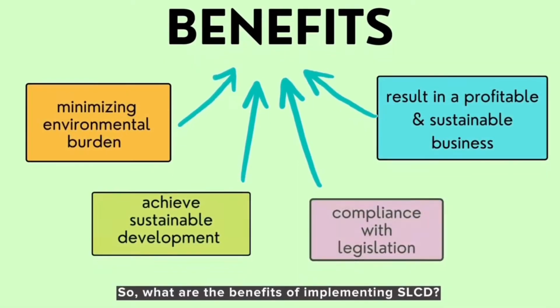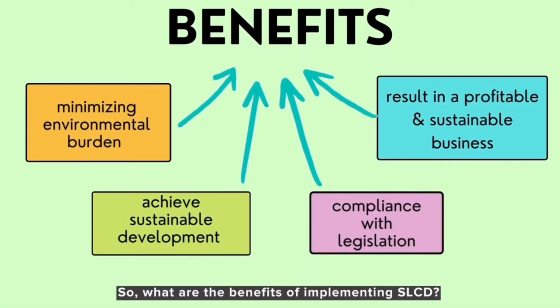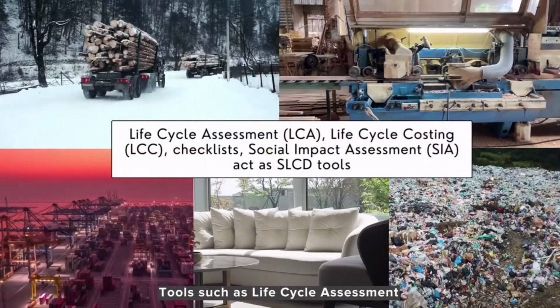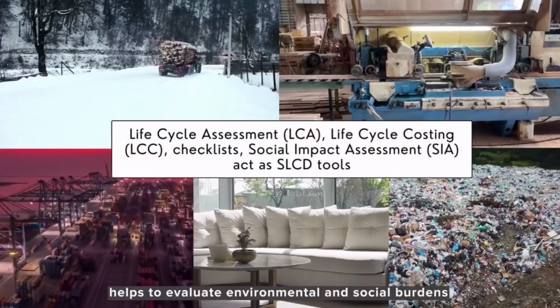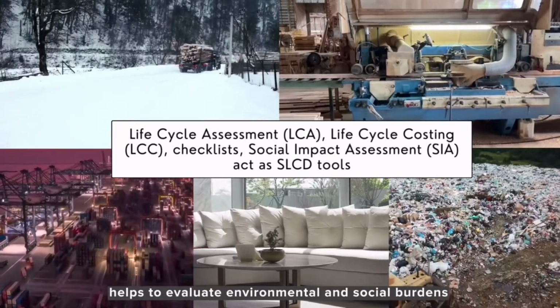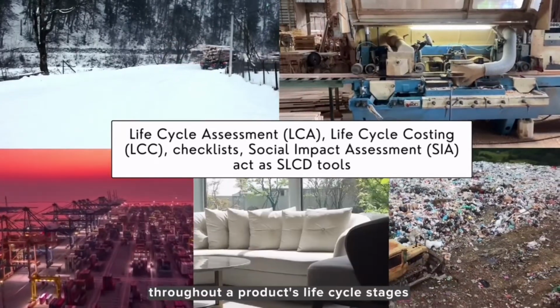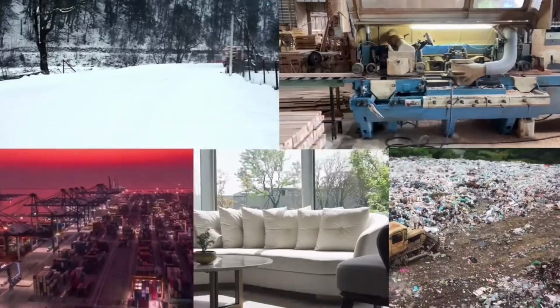So, what are the benefits of implementing SLCD? Tools such as Life Cycle Assessment, which is LCA, help to evaluate environmental and social burdens throughout a product's life cycle stages.